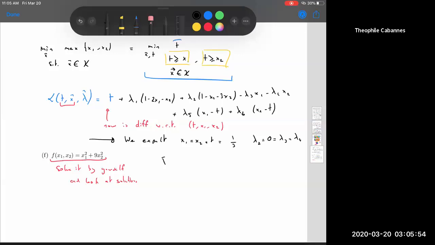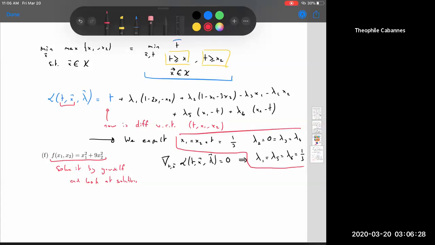Then if we set the derivative of the Lagrangian with respect to t and x to be equal to 0, this will give us that lambda 1 is equal to lambda 5 is equal to lambda 6, and they will all be equal to 1/3.